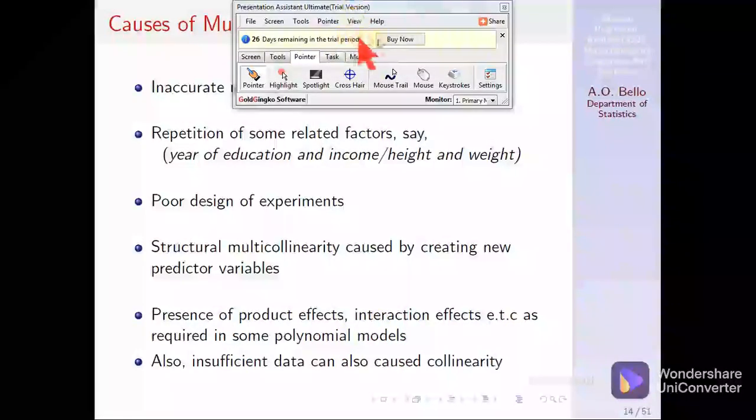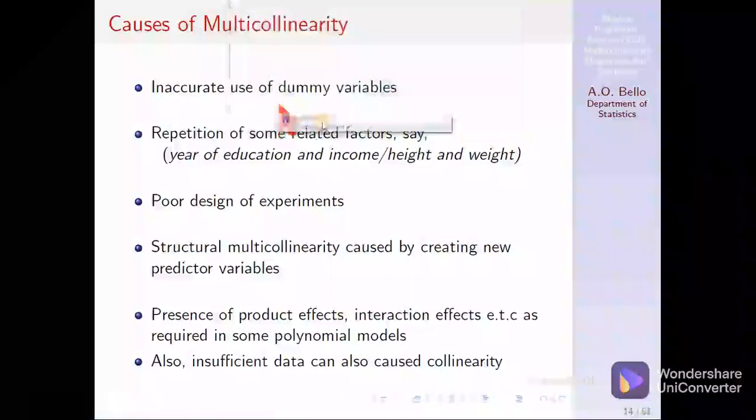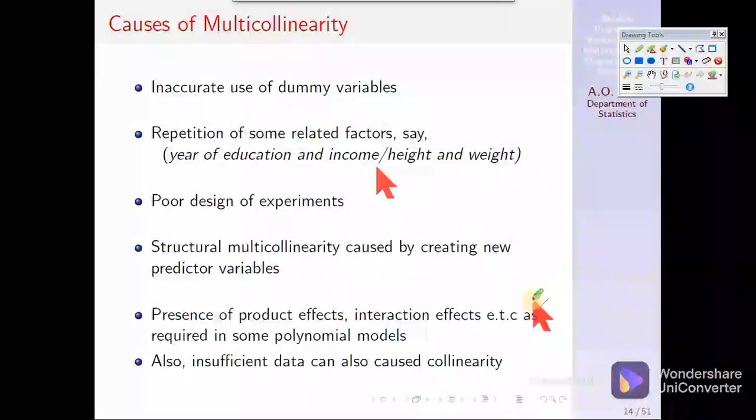So what are we talking about in this case? In a polynomial model, initially we have our x, see this as x1. We have our x1, and from x1 we want to know the product effect of x1. So we now have x1 squared.